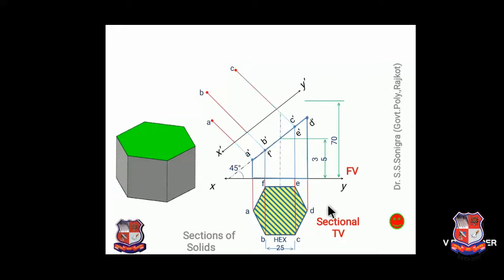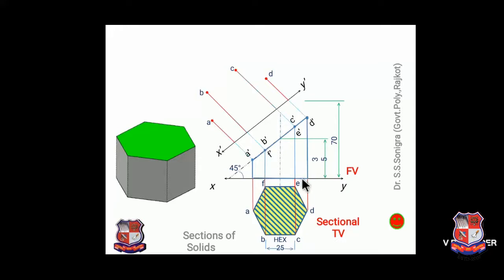Similarly, locate point D. What should we do? Measure the distance of point D from the XY line, and from point D dash draw a line like this perpendicular to x dash y dash, mark this point as a center and cut an arc. Here is point D. So this distance, D to the x dash y dash line, and D to the XY line are the same.